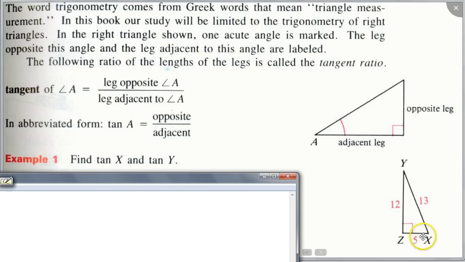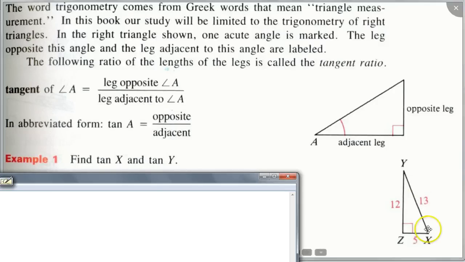You have two choices. Is it XZ or is it XY? Take a guess. 50-50 chance. XZ is correct. Why not XY, Jonathan?